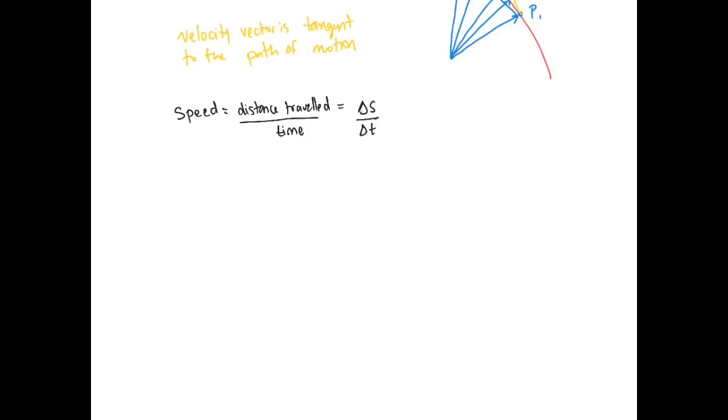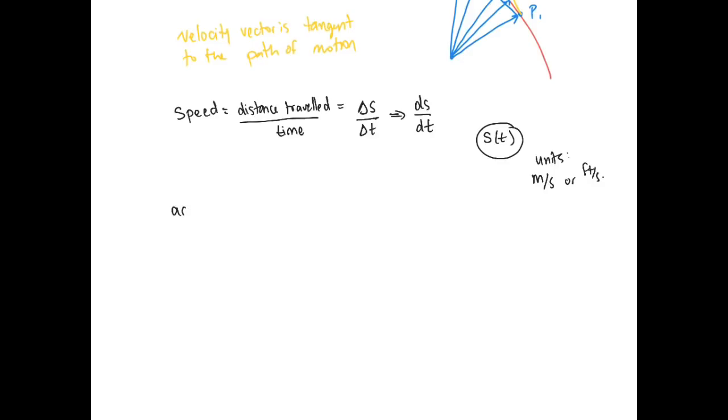And if you wanted to take the limit of that, you could say ds over dt. So if you had the equation for the path of motion, so you had the equation s of t, for example, if you took the derivative of s of t with respect to time, you would end up with that speed. The units for velocity and for speed would be meters per second or feet per second.